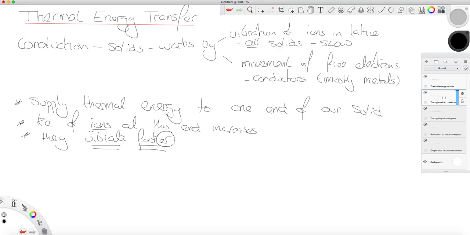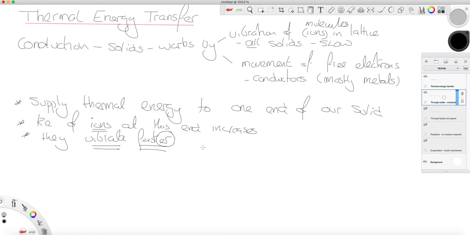Note the use of ions, another key term. It isn't atoms, it isn't molecules, it is the ions in your solid. I should have said up here, this is your molecules. I was thinking metals. It's ions in metals.